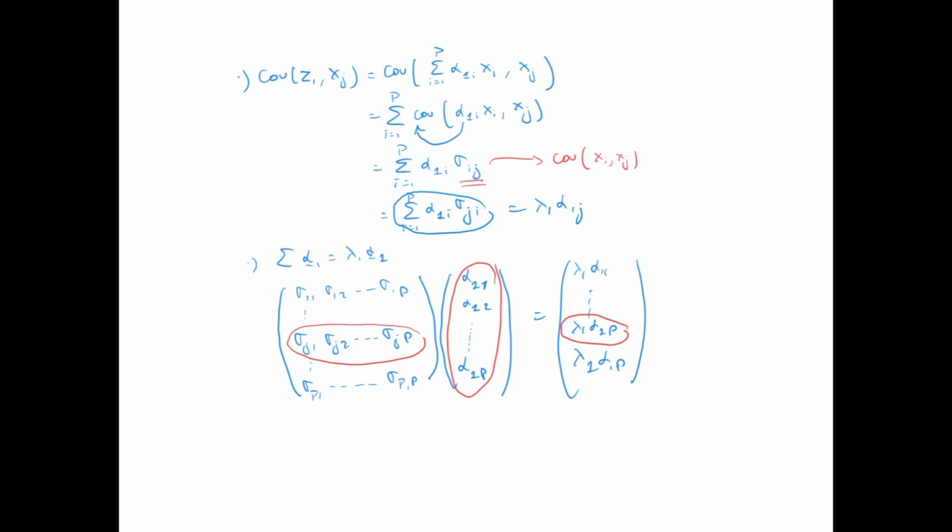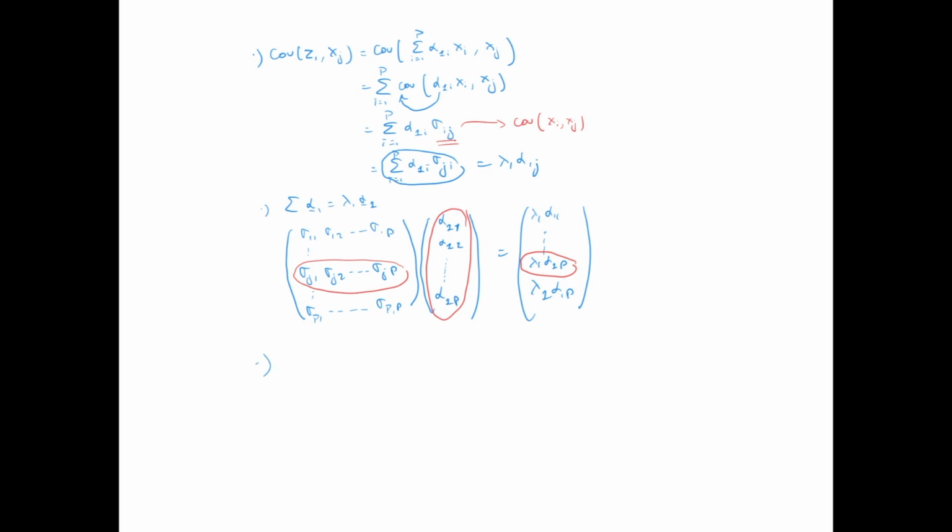Alright. So then we calculate the correlation. So the correlation between z1 and xj is equal to the covariance divided by the standard deviation. So it's the covariance which we just determined, z1 xj, divided by the standard deviation of z1 and the standard deviation of xj.